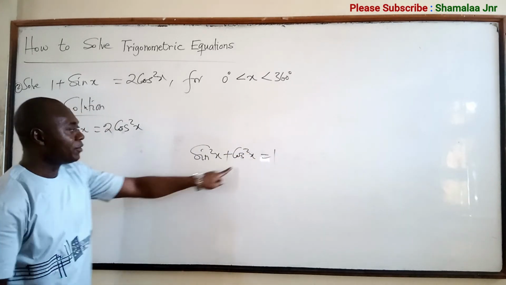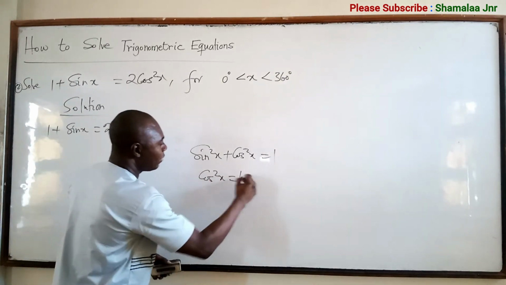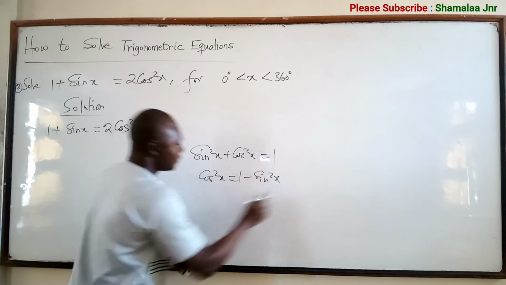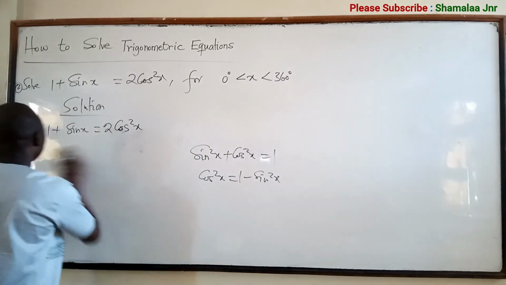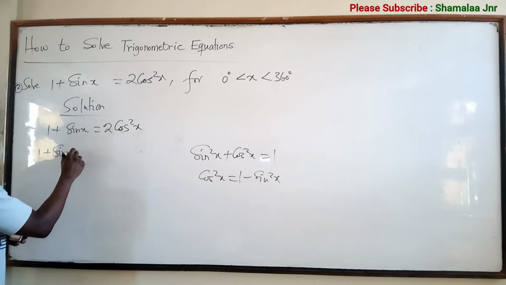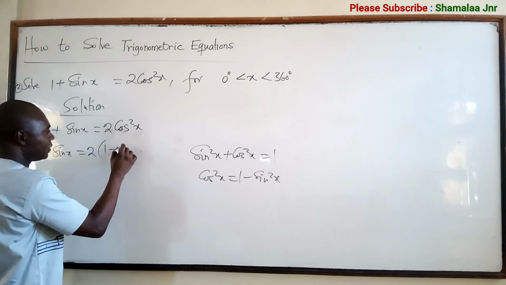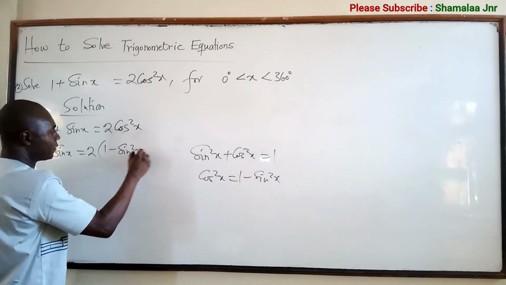So if you want to make a substitution for cos squared x, then cos squared x is equal to 1 minus sine squared x. Isn't it? So this one will be 1 plus sine x is equal to 2 times cos squared x, which is now 1 minus sine squared x.